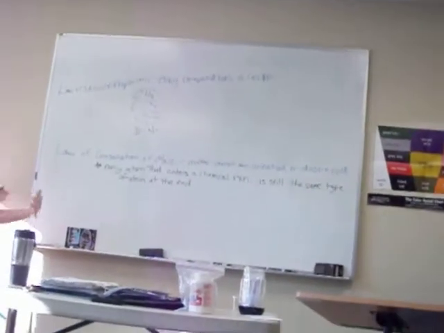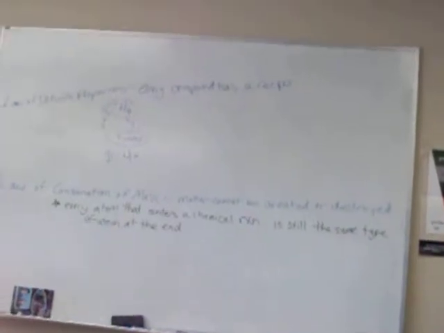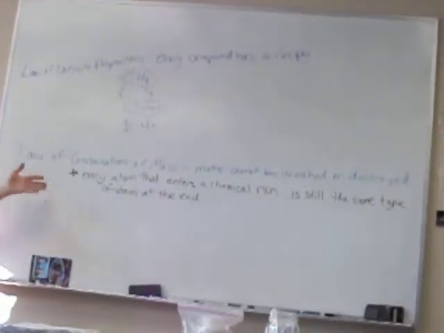So, when you look at the law of definite proportions, that every compound has a recipe, and the law of conservation of mass, that every atom that goes into a reaction is still there at the end, exactly the same as it was. Now, you rearrange their bonds with each other, but they don't change. These two things are really where the idea that there are atoms came from.